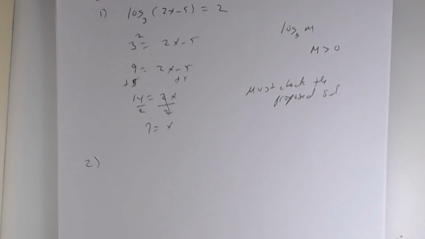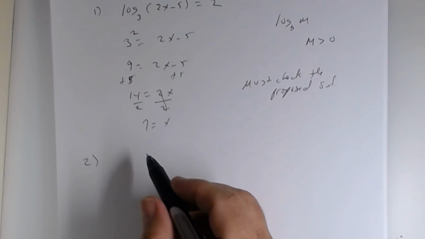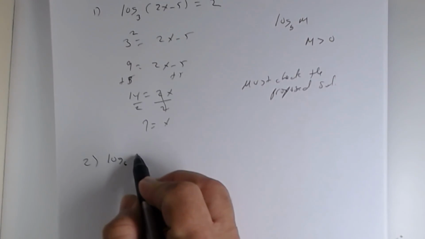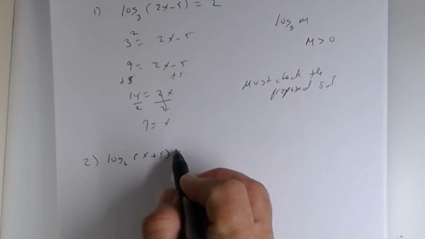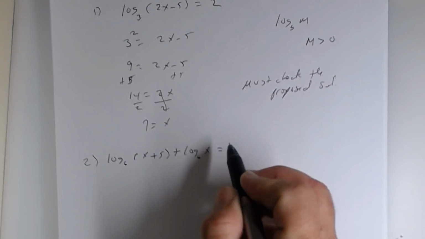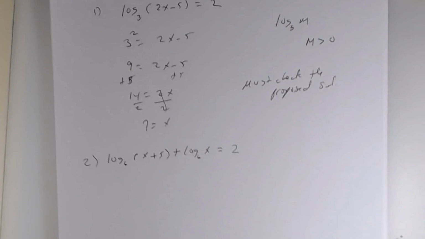Let's suppose we had log base 6 of (x plus 5) plus log base 6 of x equals 2. And that's what we have. Log base 6 of x plus 5 plus log base 6 of x equals 2.